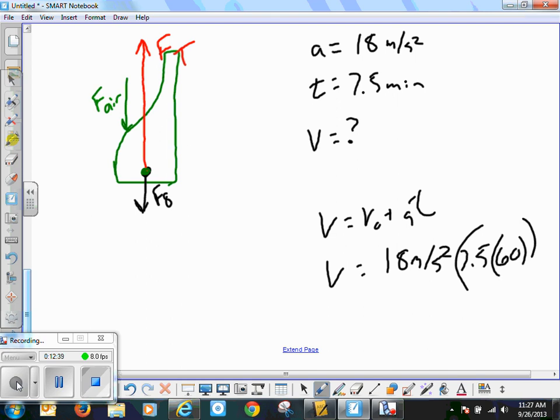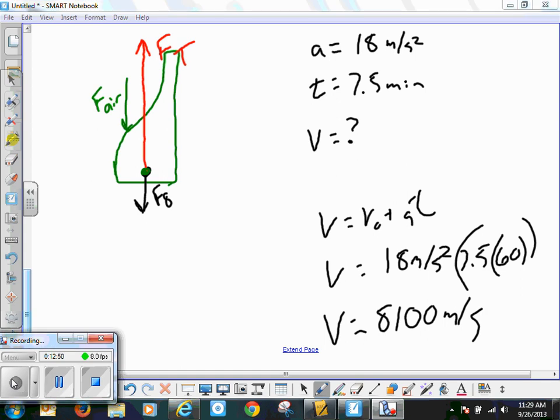And we should get a final velocity of 8,100 meters per second. Okay? So I want you guys to draw up the summation of forces here, or better yet, tell me what the force of thrust is.